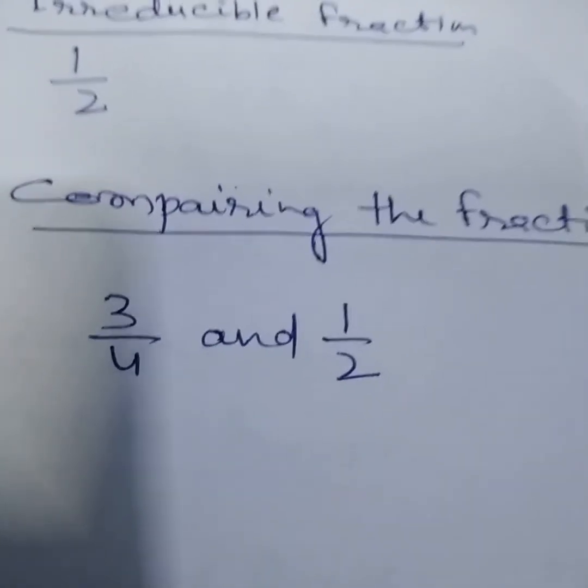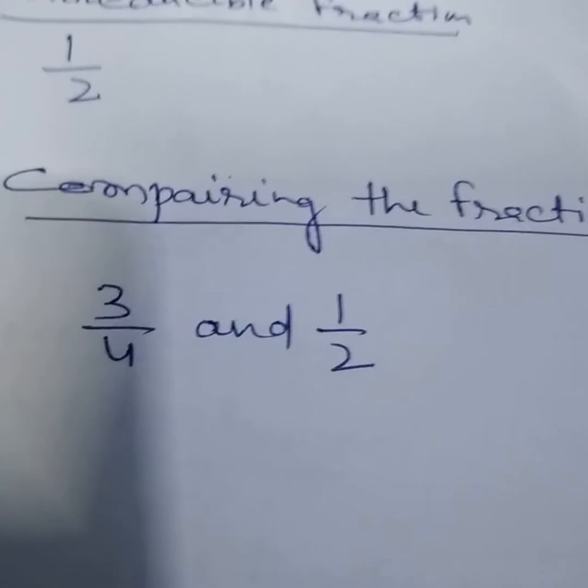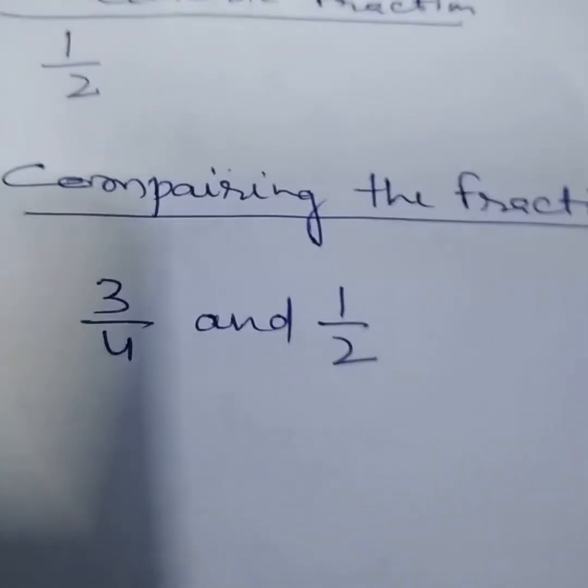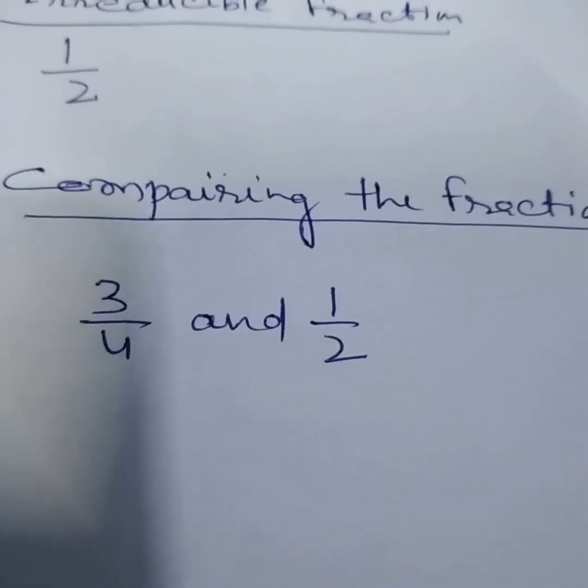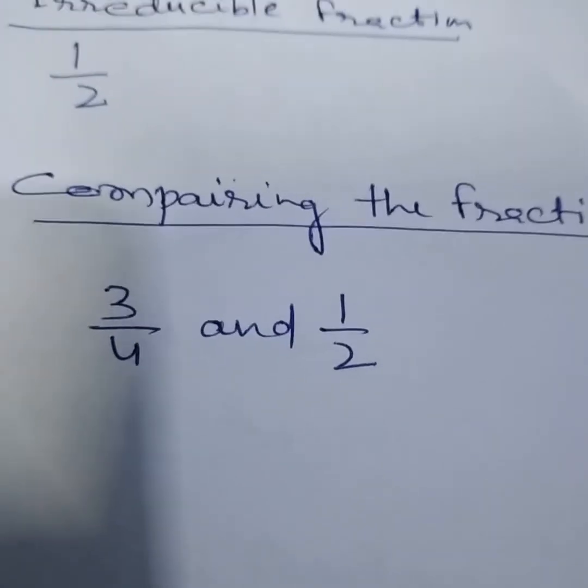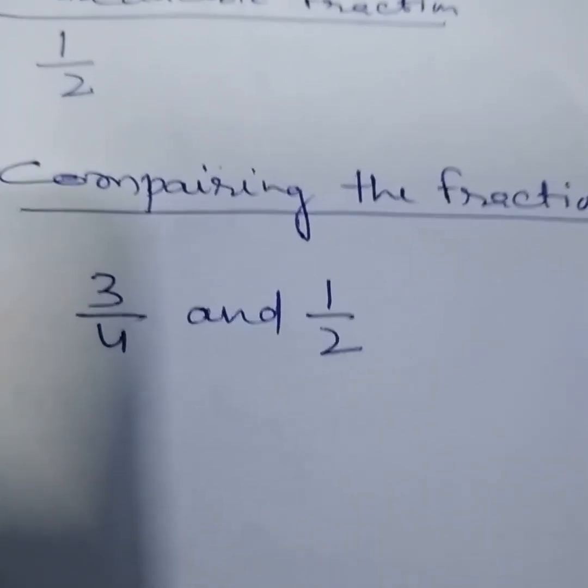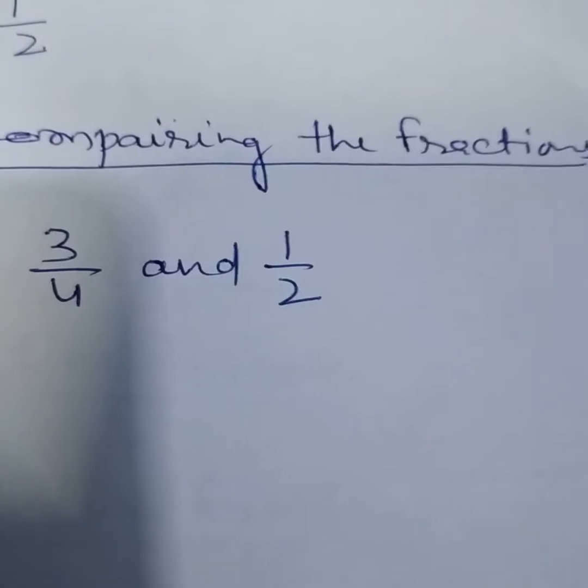Because many times we face different types of digits or large digits. At that time, what is the method to find out which one is greater and which one is smaller?